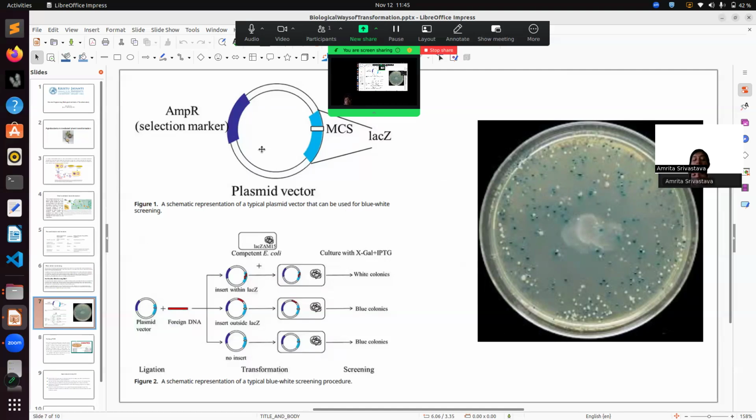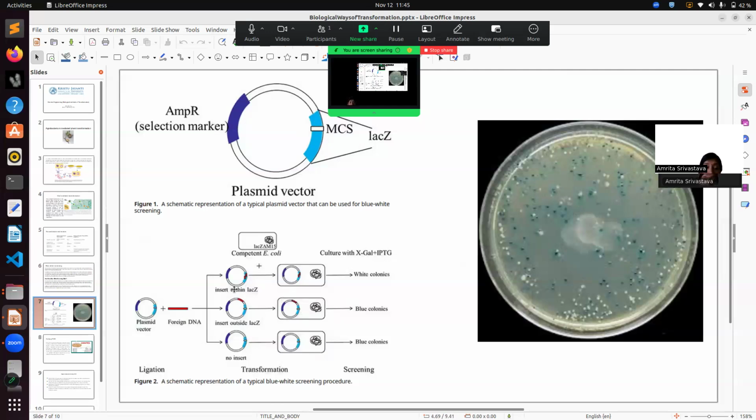To ensure that there is no false negative, we ensure that we have the ampicillin resistance gene as well as the LacZ gene, and we have the cloning region within this gene. Here is the diagram that shows the outcomes that we may observe.